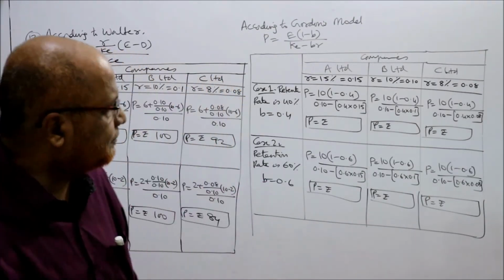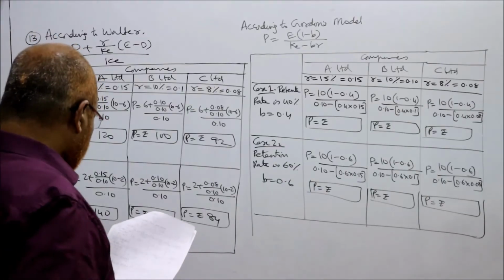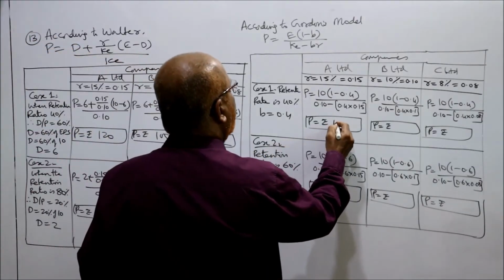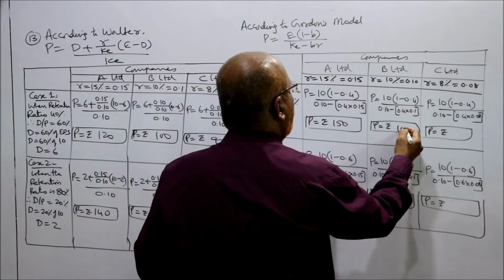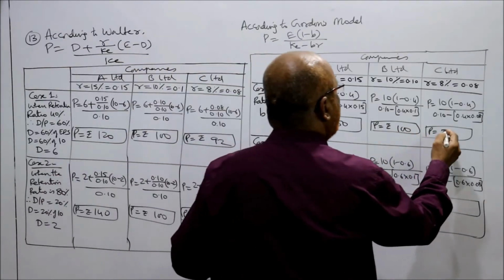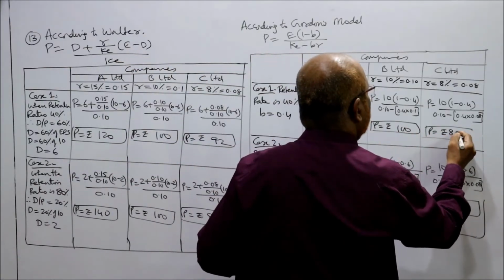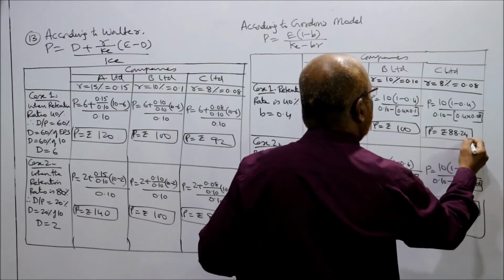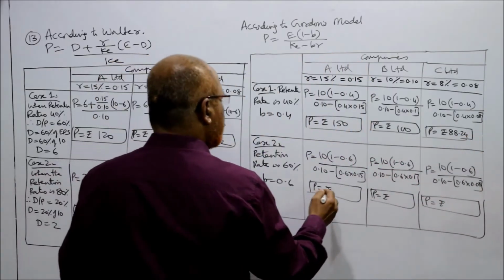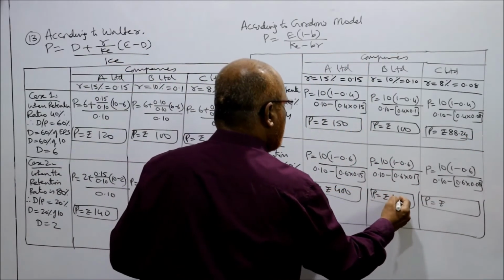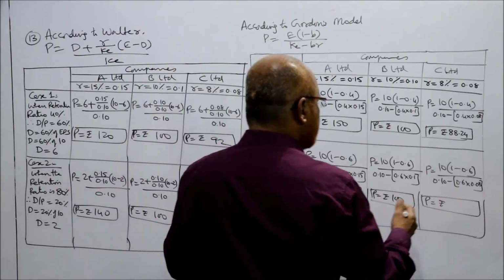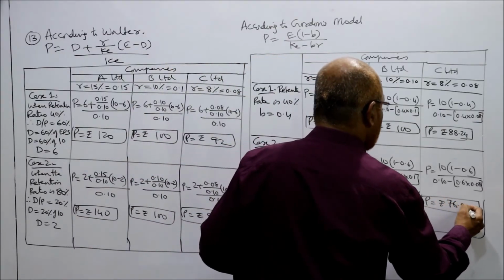Now if you simplify, you will get the values 150, 100, 88.24, 400, 100, 76.92.